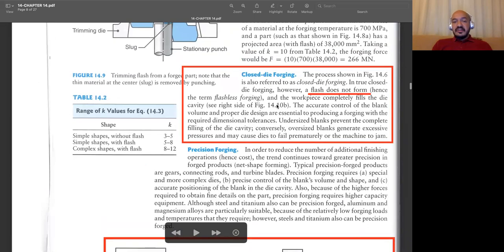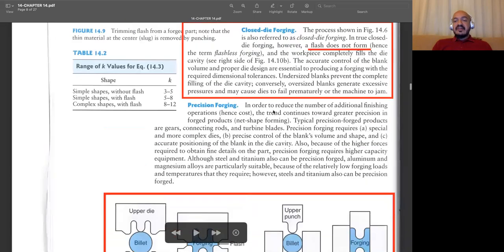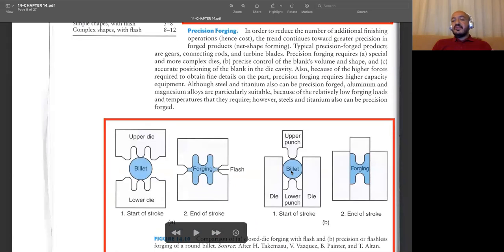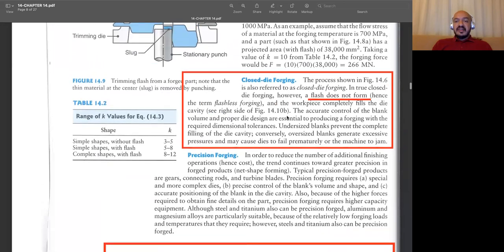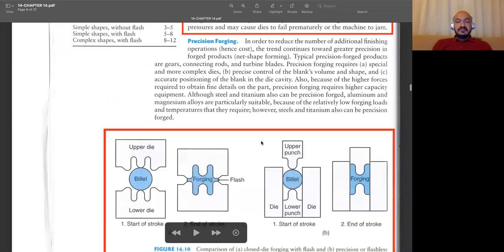You need to make your calculations and analysis properly, so that you don't put extra material into this cavity. Since if you put too much material, then our upper punch will not be able to close this opening, and your process cannot be completed successfully. So the engineering analysis is more complicated in closed die forging.